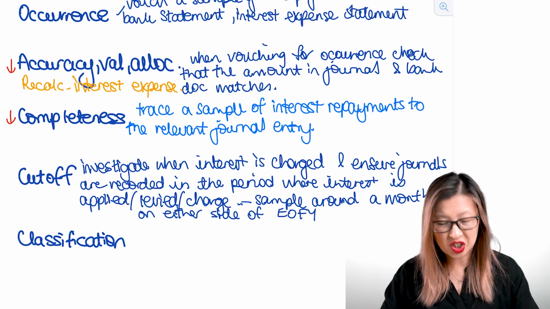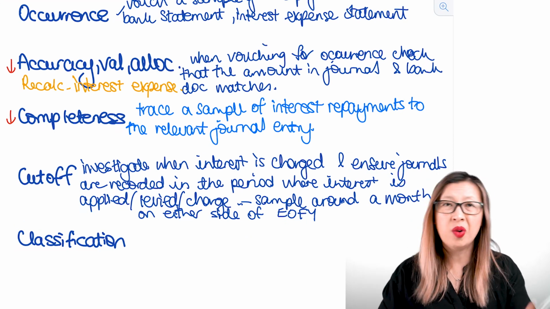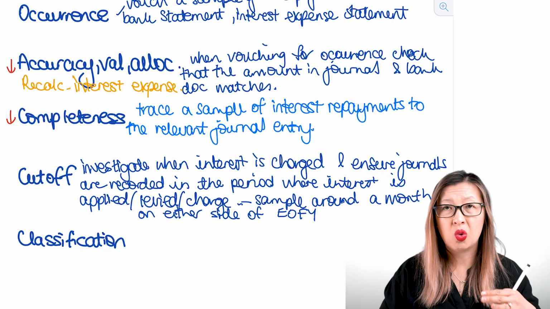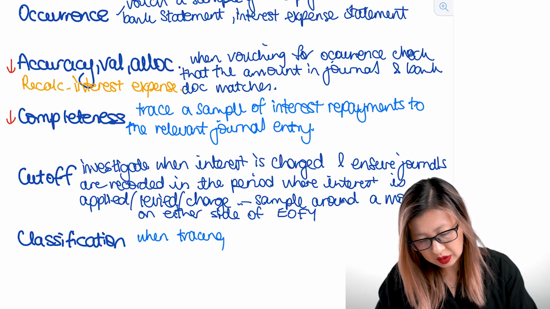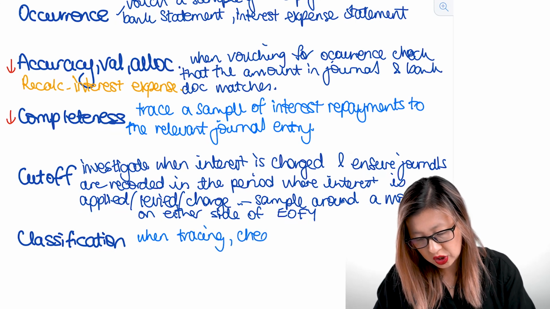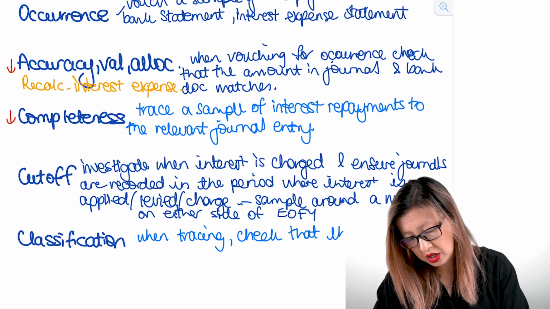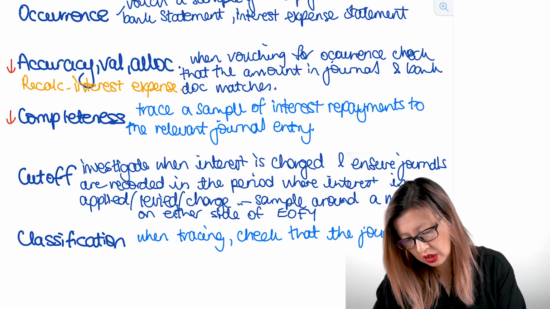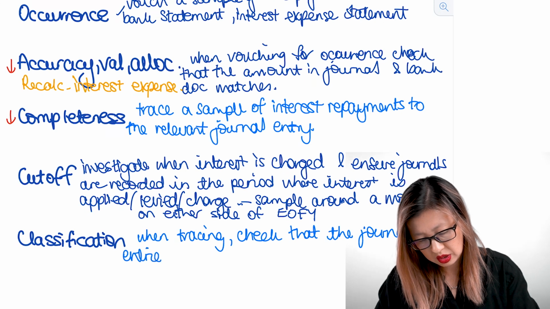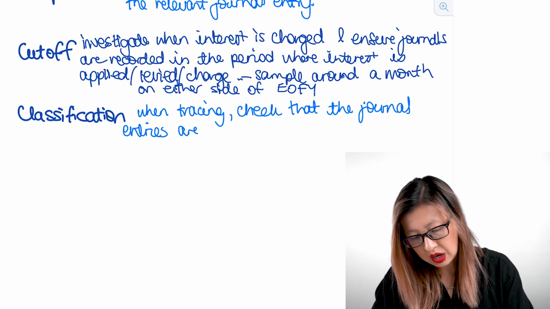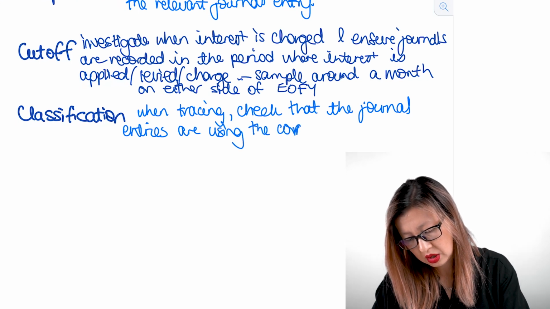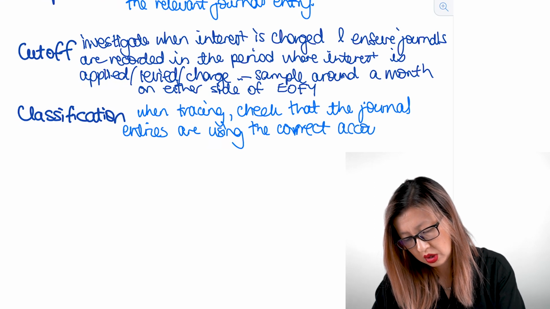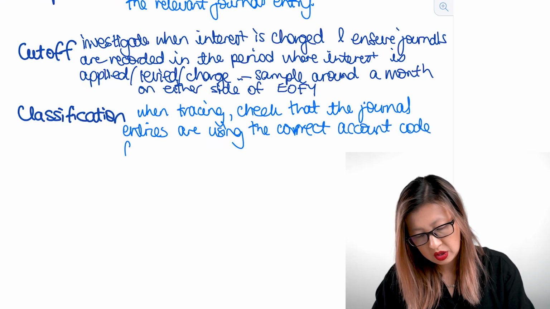Classification is about journal entries. So when we're doing our other journal entry tests, for example when tracing, check that the journal entries are using the correct account code from the chart of accounts.